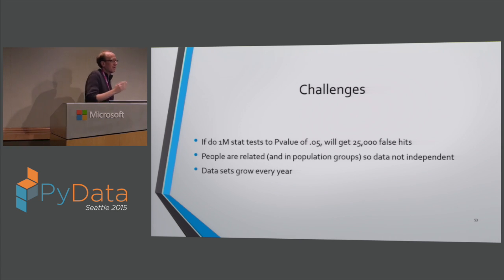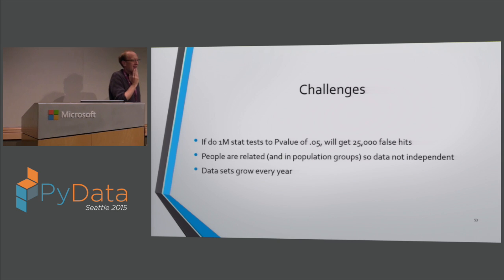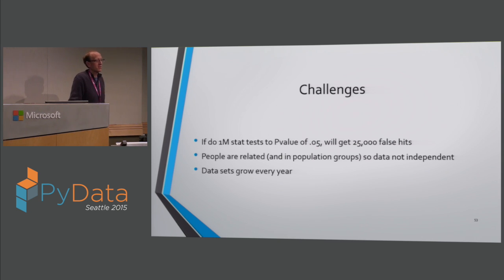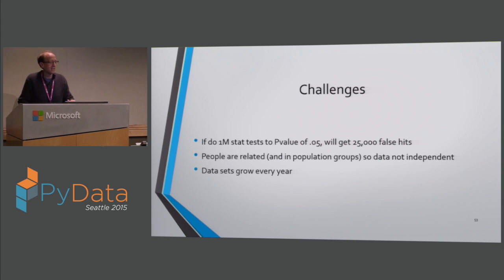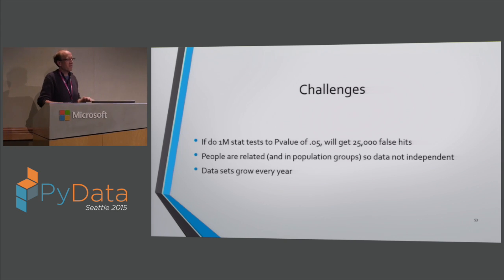Another problem, if you remember statistics, every statistics class you've had said, okay, the first thing we're going to do is assume that all our data is IID, independent and identically distributed. So if we're finding the height of people in the US, we don't take people from just one region, we pick people randomly. Well, with genetic data, that's almost never the case.